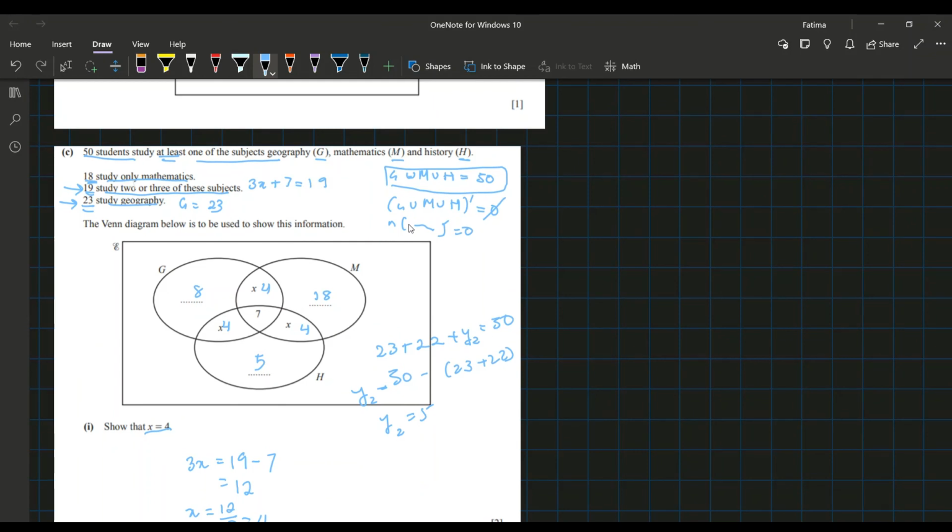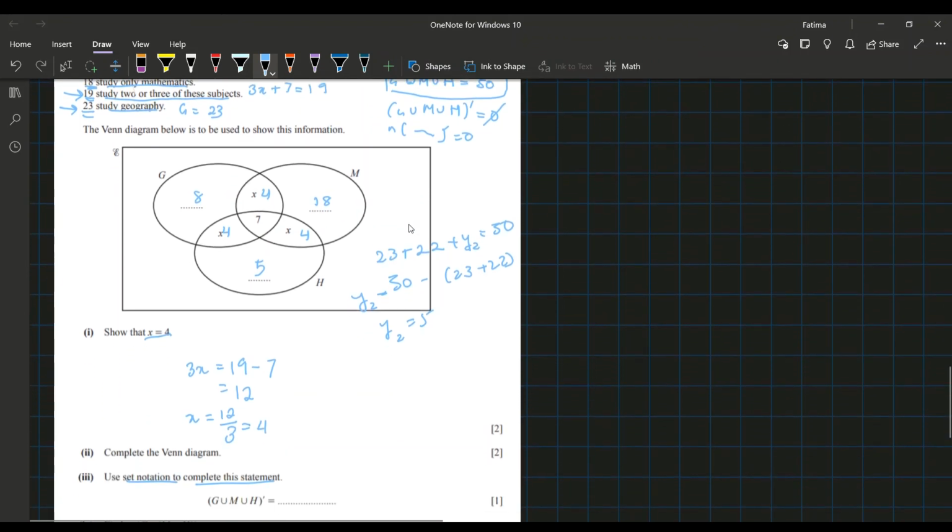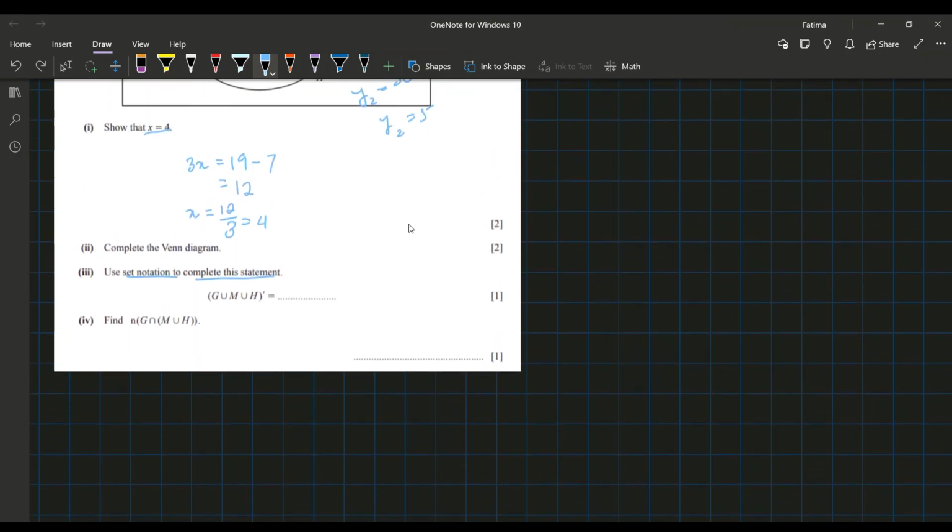So there's 0 elements present, therefore it's an empty set. An empty set can be denoted with this over here, or it can be denoted with curly brackets with nothing inside. So I could write it as this, or like that.